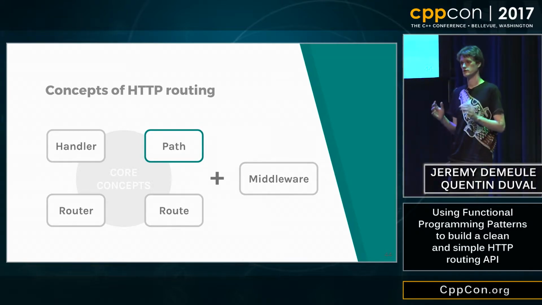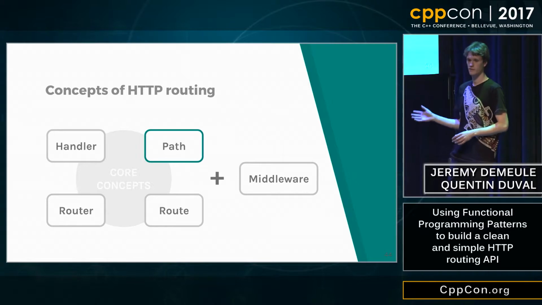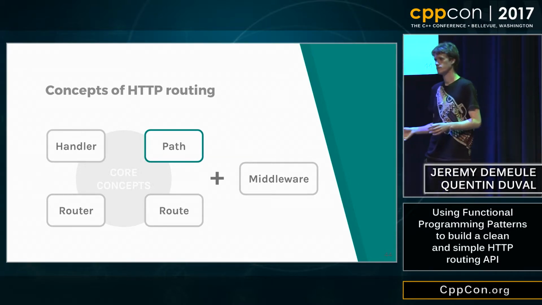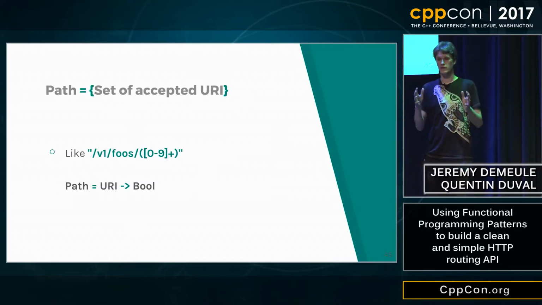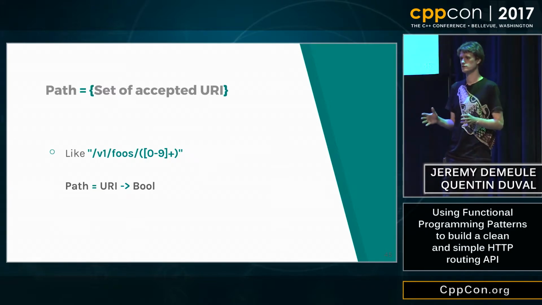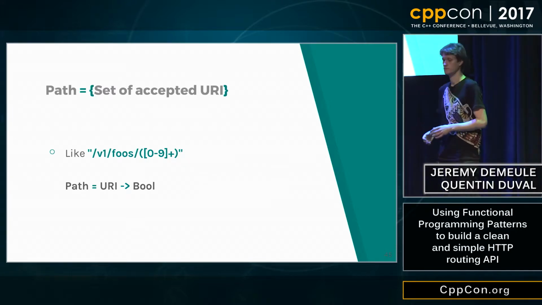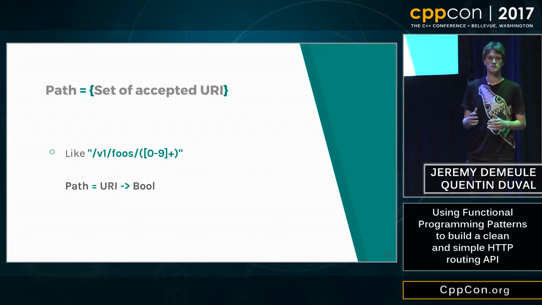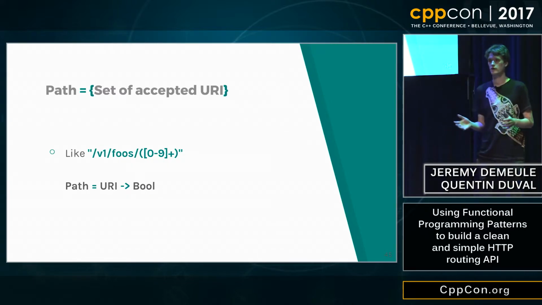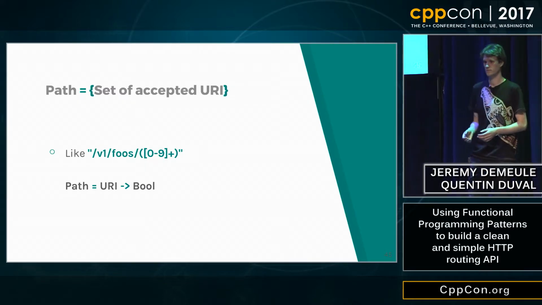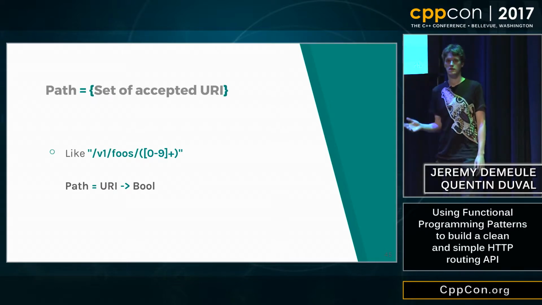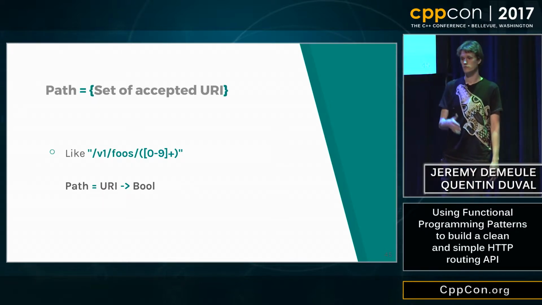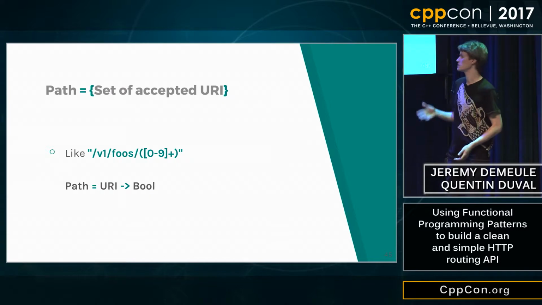Now we're going to look at the second concept, which is the one of a path. So what's a path? It's something that, if we match it, we want to execute the associated handler. So we could see it as the set of accepted URIs for a given handler, which can be seen again as a function from a URI to a Boolean, which says if it's inside the set.